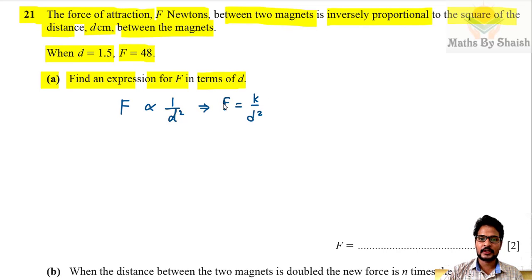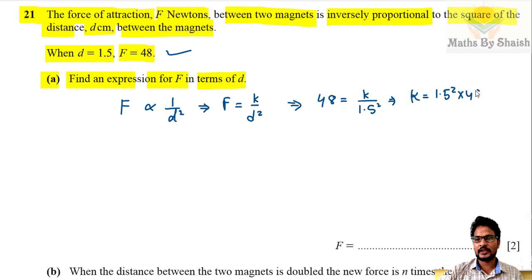In order to write F in terms of d, we need to remove this k, and for that we have this condition. So we'll substitute it here. F is 48 equals k over d is 1.5, so 1.5 square, and we do the cross multiplication. k becomes 1.5 square into 48, and 1.5 square into 48 we will calculate, and it is 108.